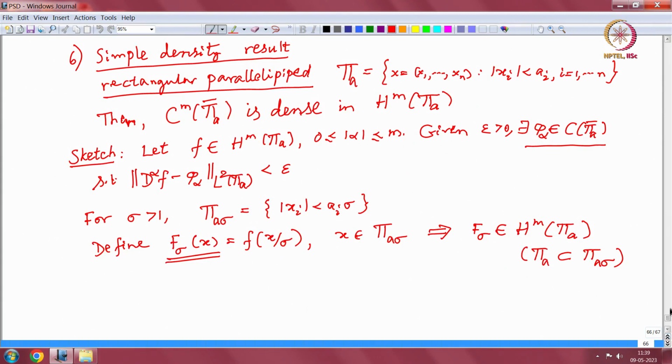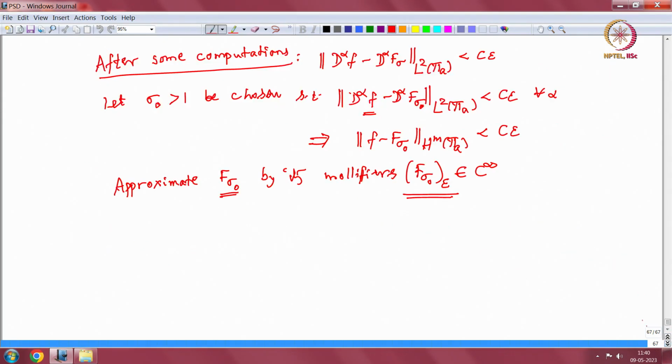It is not a difficult computation, but one has to do some careful computation in order to arrive at this approximation. So, this f sigma naught is close to f in the H^m(Pi a) norm.